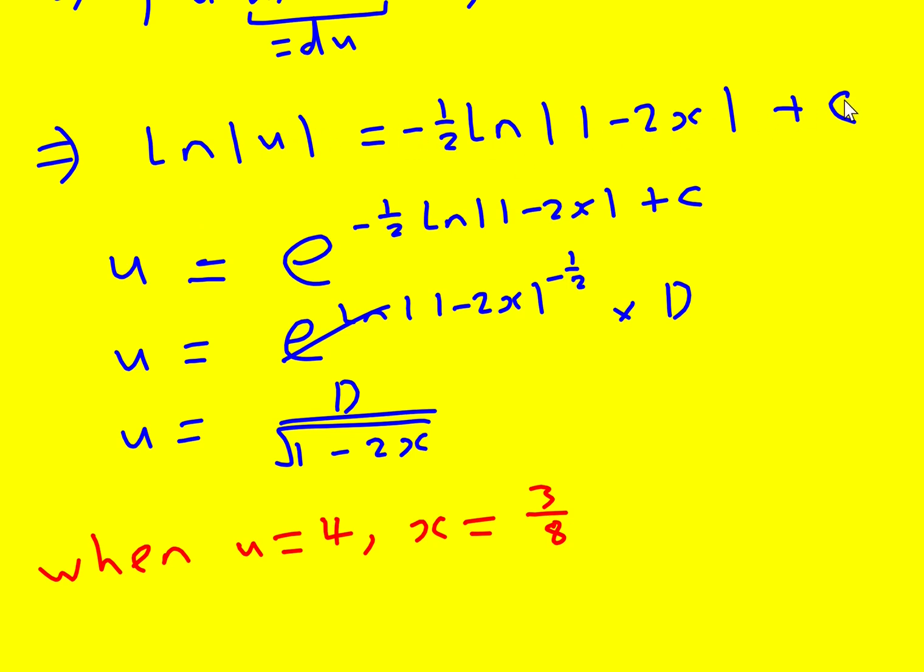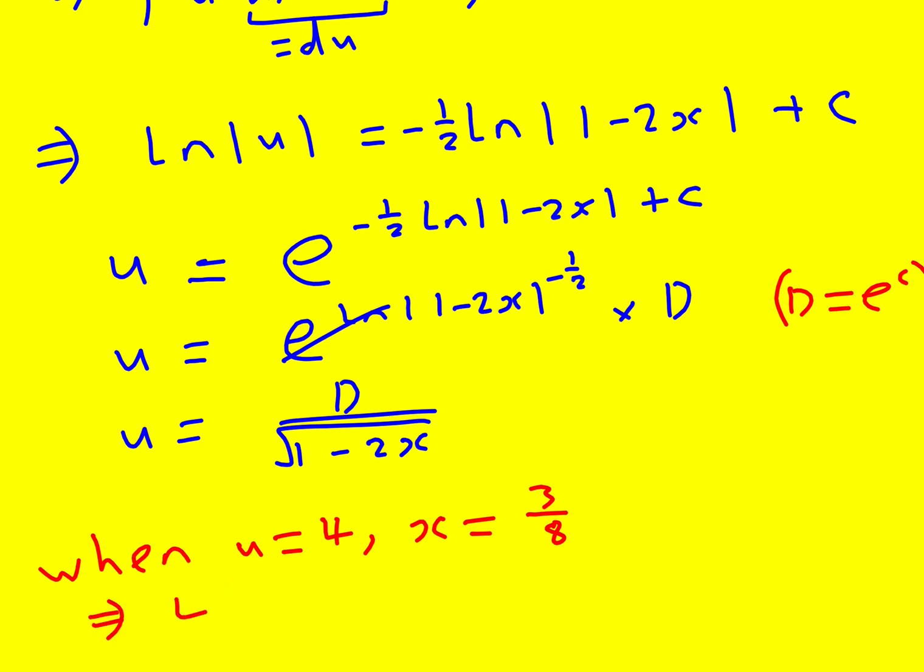I just have to raise the whole of the right-hand side to the power e. This became e to the power of this times e to the power c. I just then called, maybe I should have written that down, d equals e to the power c. And then because these cancelled, I was just left with this, which I then wrote as 1 over the square root of 1 minus 2x, but I still had to times by d.